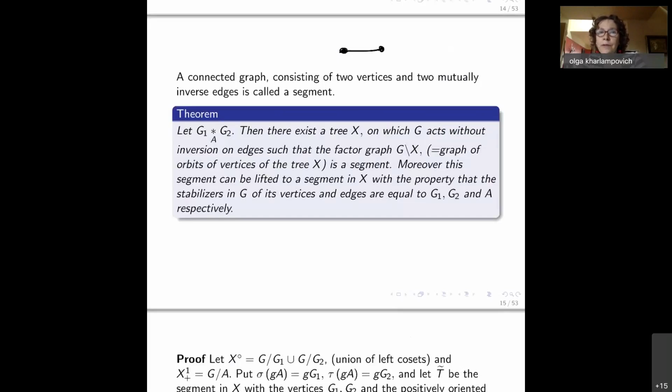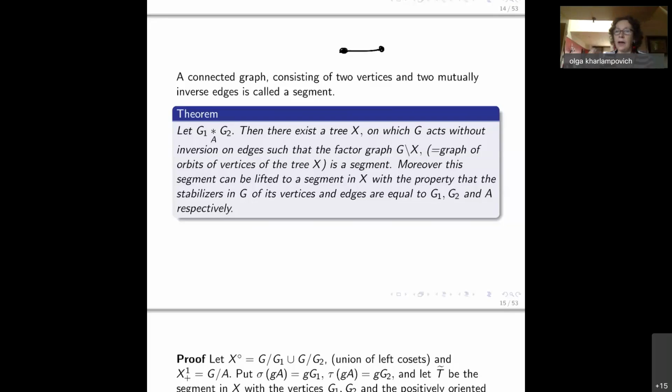So again, if the group is an amalgamated product, then it acts on a tree without inversion on edges, and the factor graph, the graph of orbits, is a segment. Moreover, this segment can be lifted into a segment in X, in the tree, with the property that the stabilizers in G of its vertices and edges are equal to G1, G2, and A, respectively.